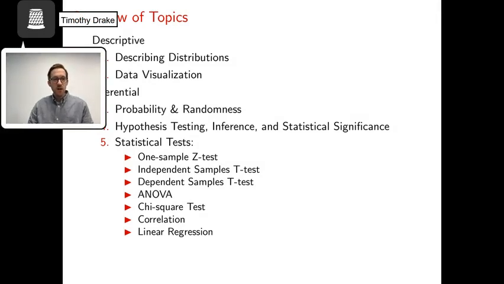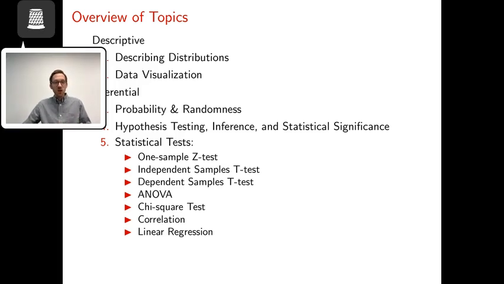Building from those two branches, here is the overview of topics that we're going to cover in this course. We'll talk about describing distributions and data visualizations in the first two lectures, and that aligns with descriptive statistics. Then, to form the foundation for inferential statistics, we'll talk about probability and randomness, this idea of hypothesis testing, inference, and statistical significance.